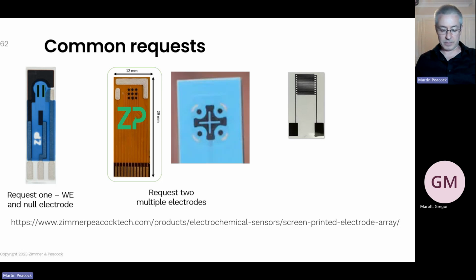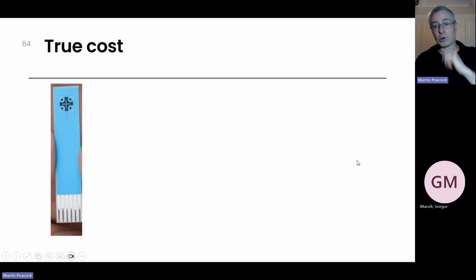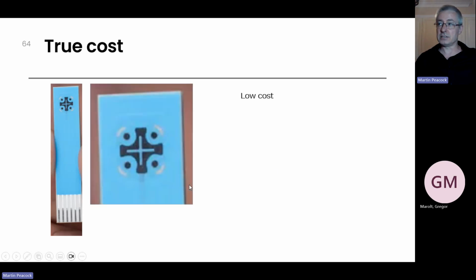People seem to think that there's something mysterious about interdigitated electrodes, and I believed it as well for years, until actually I got a lot of experience and then realized there's no extra secret value in interdigitated electrodes, and I'll give you an example of that in a minute as well. The true cost when you're going for different electrode geometries is you want them at a low cost. You want them at a low cost because you've been told that glucose strips are made by thick film printing. They're low cost. So you have an expectation that you want them at low cost.